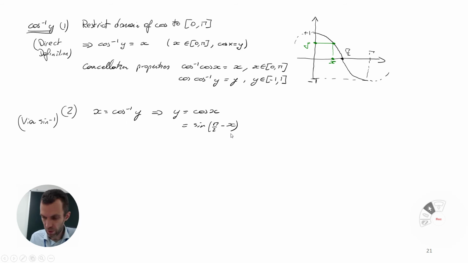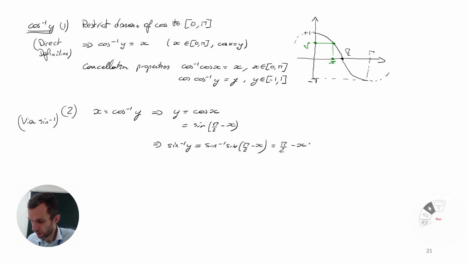And now what we have is that if we apply sine inverse to both sides, sine inverse of y is sine inverse of sine of pi over 2 minus x. And this is pi over 2 minus x. And since x is cosine inverse of y, this is pi over 2 minus cosine inverse of y.